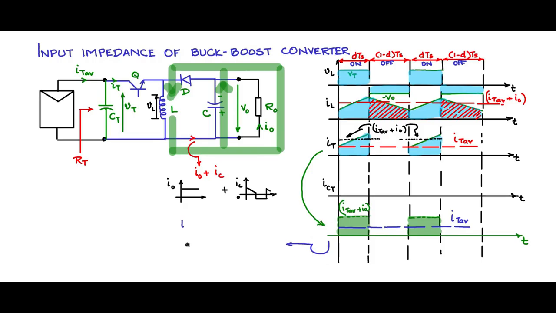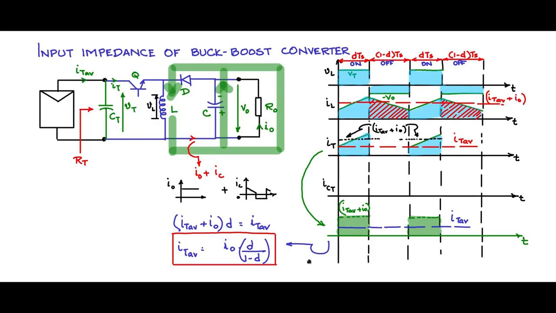Now we can write IT average as this peak value times the duty cycle D: IT average plus I naught, into D, will give you the average value IT average. If you simplify, you will get IT average equal to I naught into D by 1 minus D.